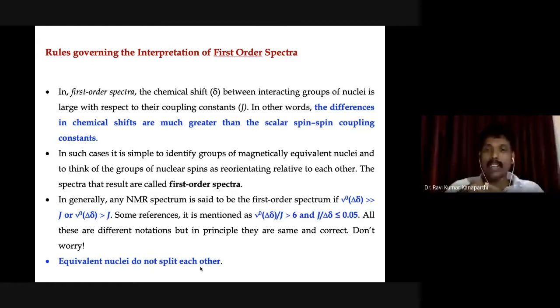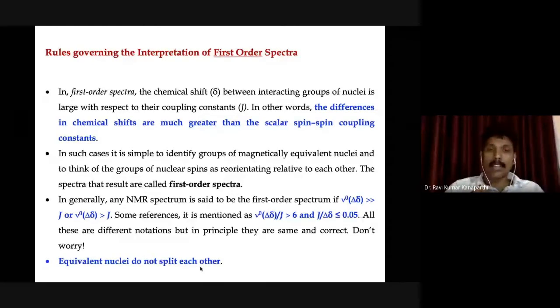Or if you take the inverse of that ratio, J by delta delta is much less than or equal to 0.05. So that is the quantitative picture.